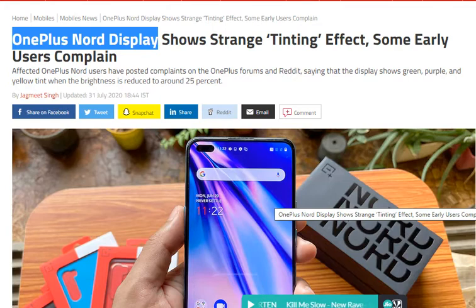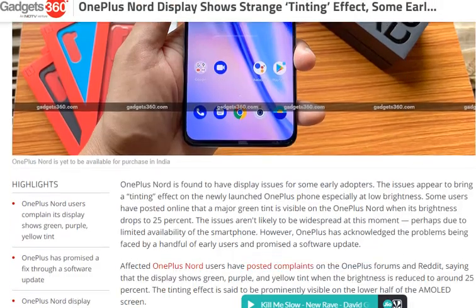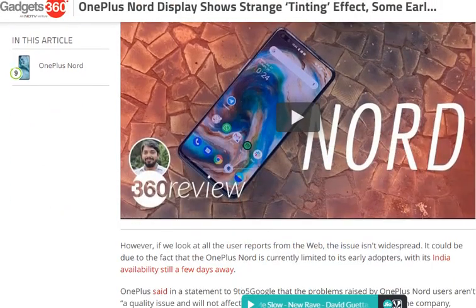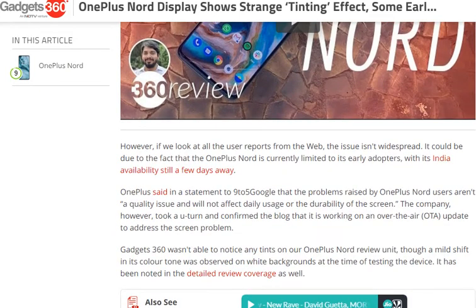If that's the case, then if companies like OnePlus and Samsung are releasing phones with this 120 hertz display, that's good for end consumers, especially for those who do not bother about this green tint issue.